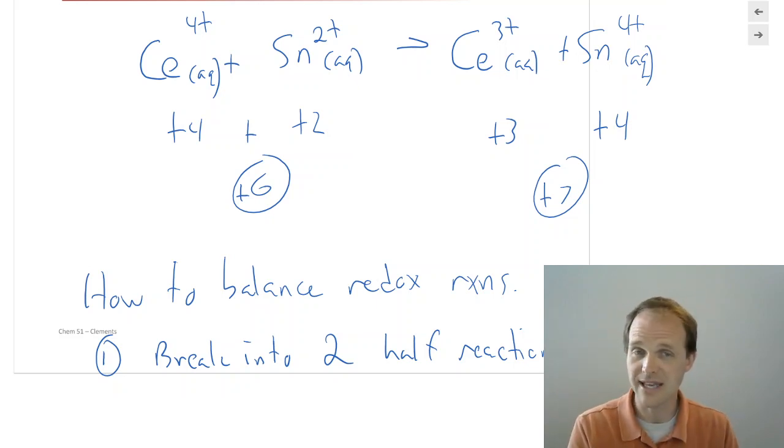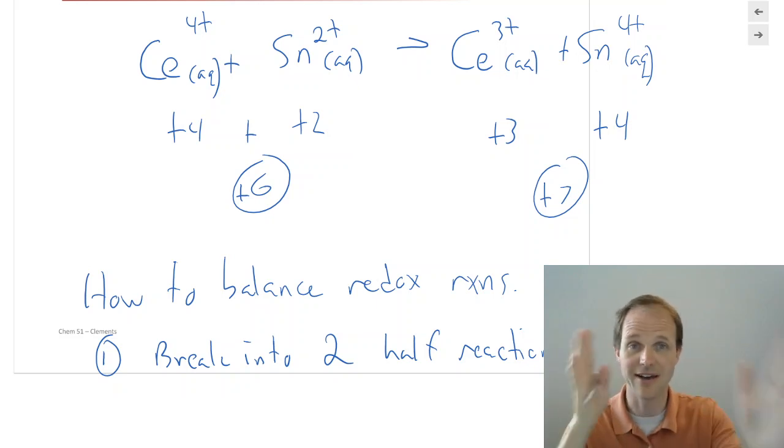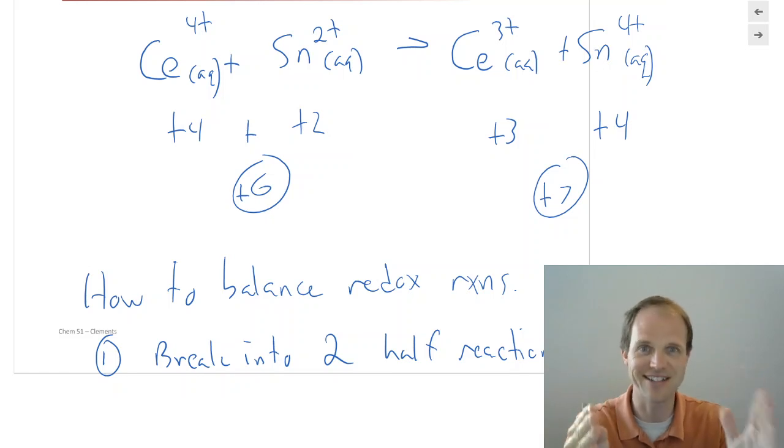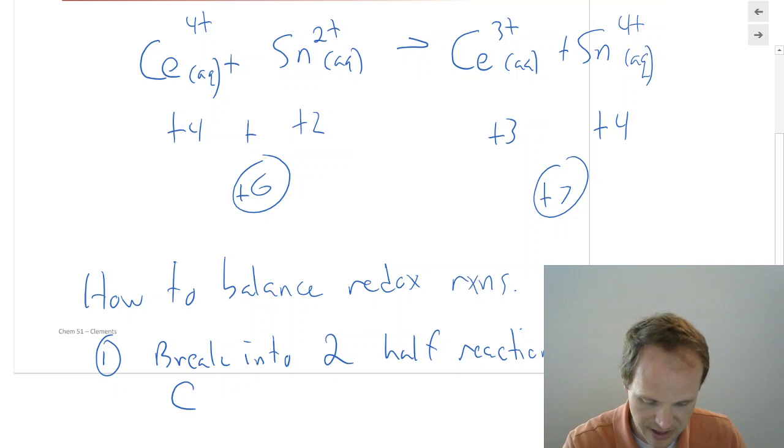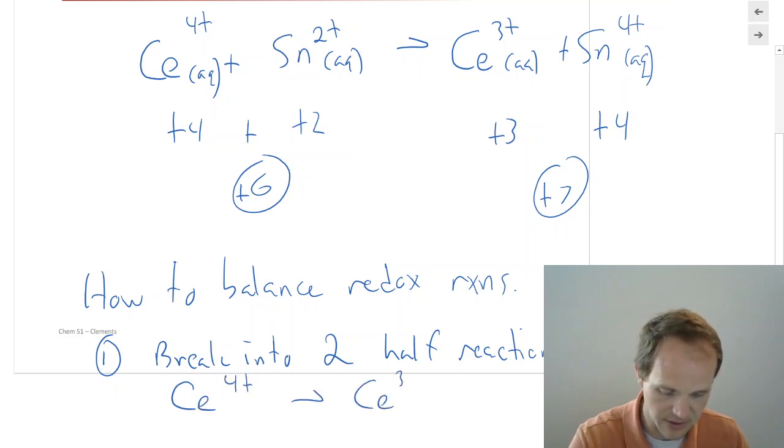But we will see cases where we've got oxygen that's not there on one side, hydrogen that's not there on one side. Those will come as part of balancing. But the main element, the element that's actually undergoing oxidation or reduction, you need to have one of those at least on either side to start with so that you can do the balancing later. All right, so I'm going to write my two half reactions. I've got cerium 4+ going to cerium 3+.